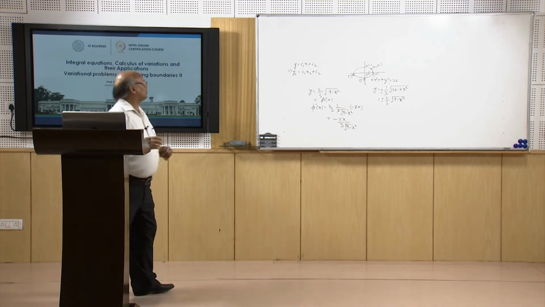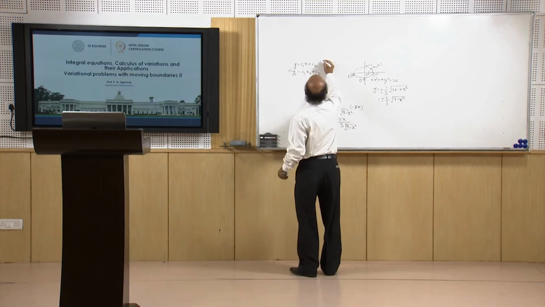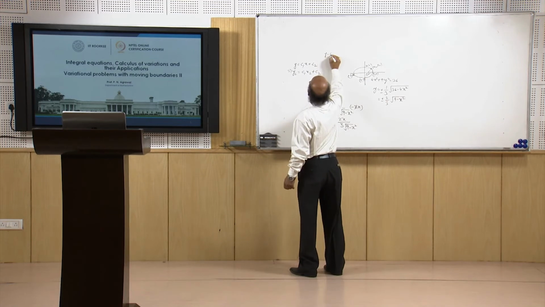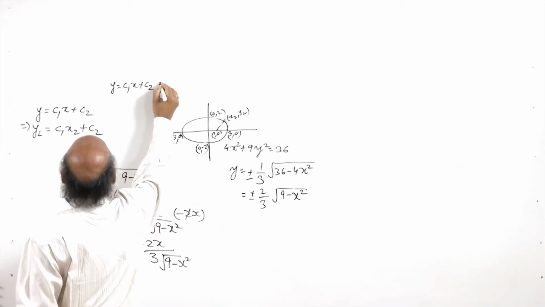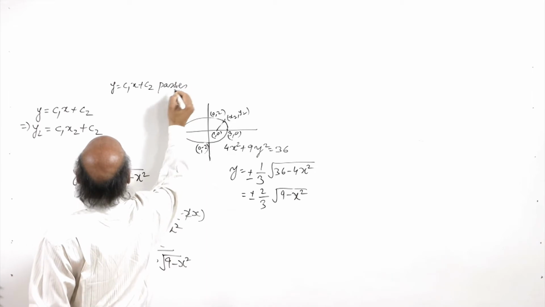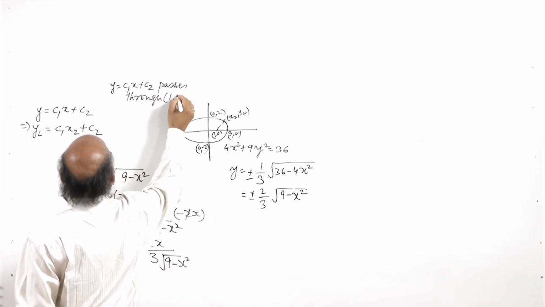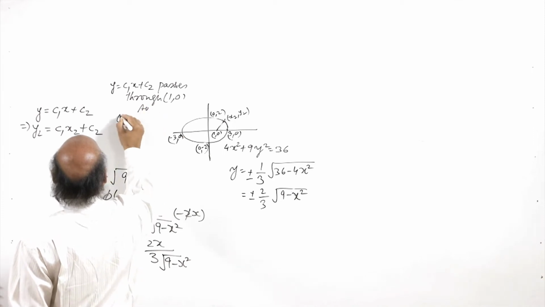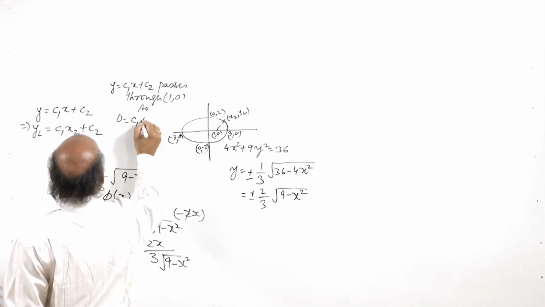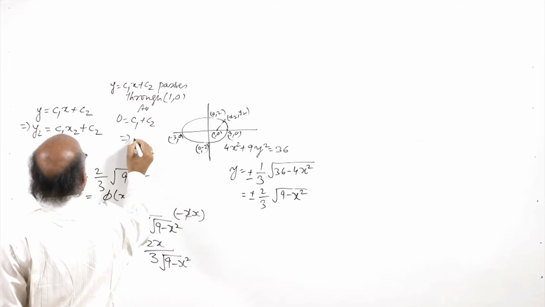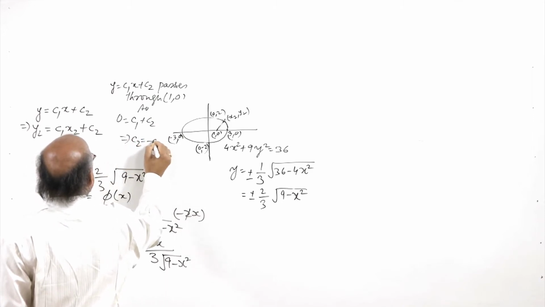Now y equal to c1x plus c2 passes through 1, 0, so we get zero equal to c1 plus c2, which implies that c2 is equal to minus c1.